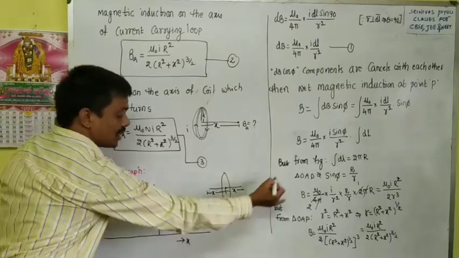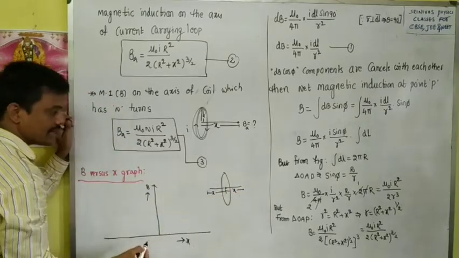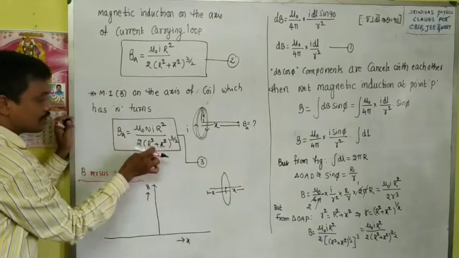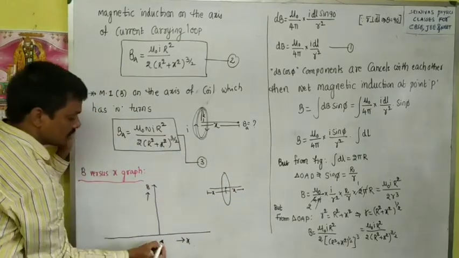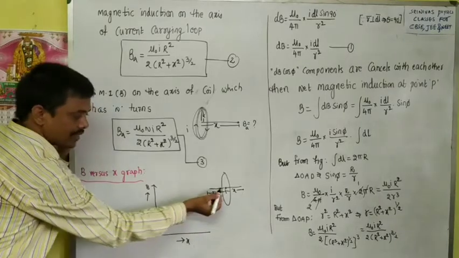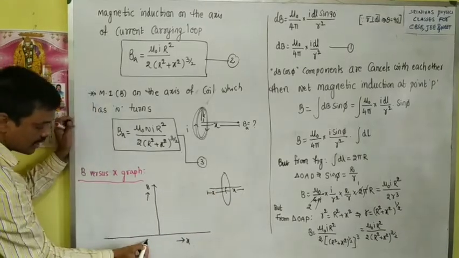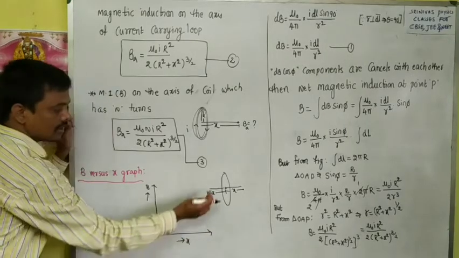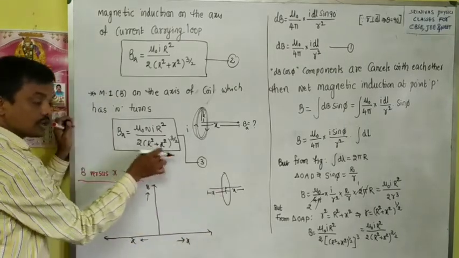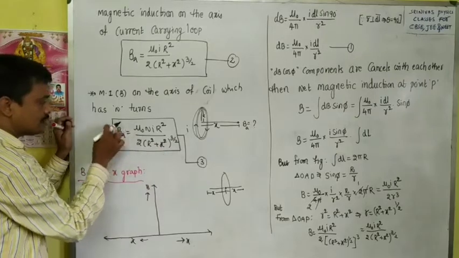When you go to the right side, positive X increases. When X increases, the denominator increases, then B decreases. If you go to this side, negative X increases, and again the denominator increases, then B decreases.